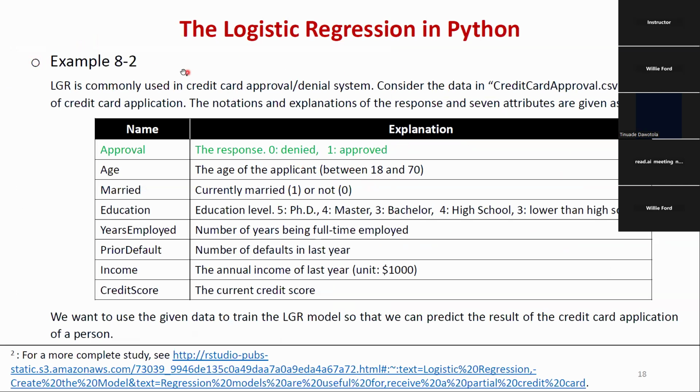Today let's introduce example 8.2. Logistic regression is commonly used in credit card approval and denial systems. That's the reason nowadays, if you apply for a credit card, it takes typically 30 seconds, 1 minute, to give you the decision very quickly.